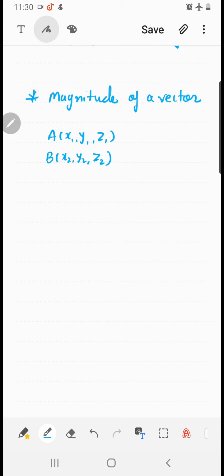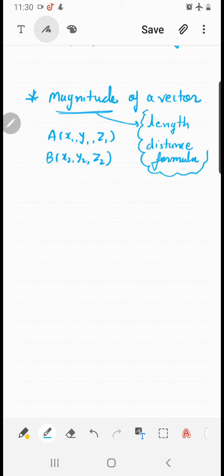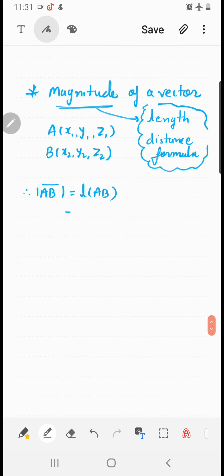Now if you can just recall, magnitude means length and length means distance formula. So this is my first thought in my mind, that I should go for the distance formula. So if I want mod of AB bar, which is nothing but length AB, I can get using distance formula.